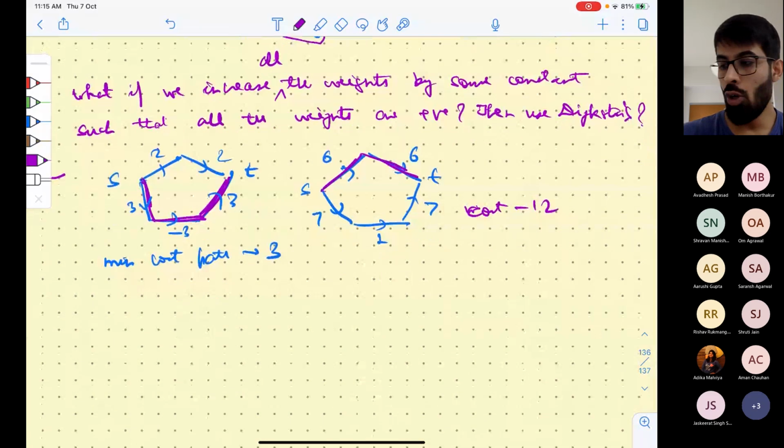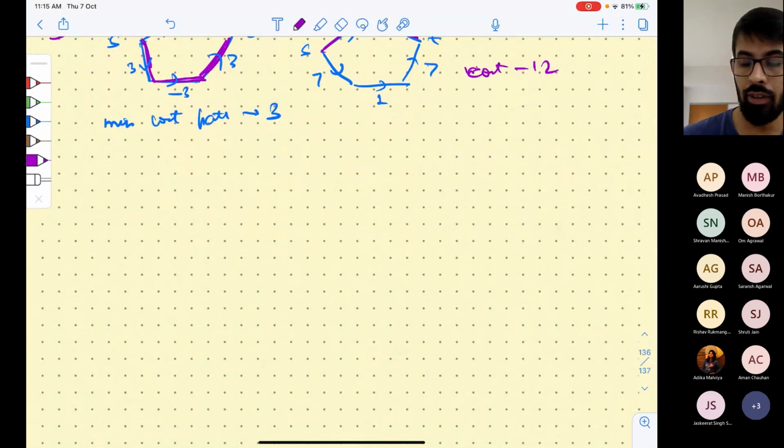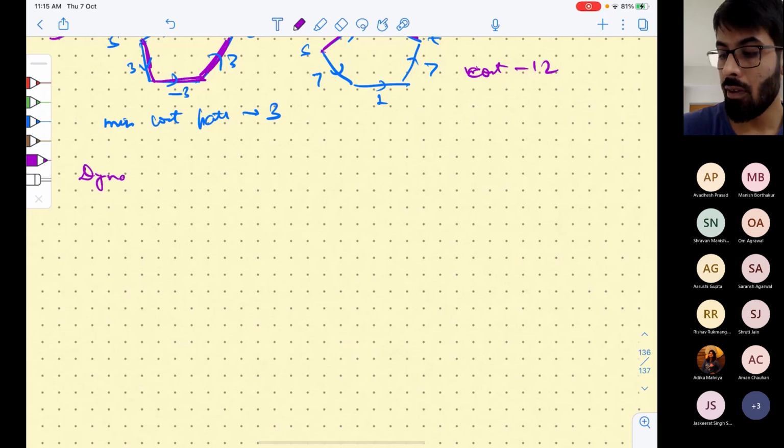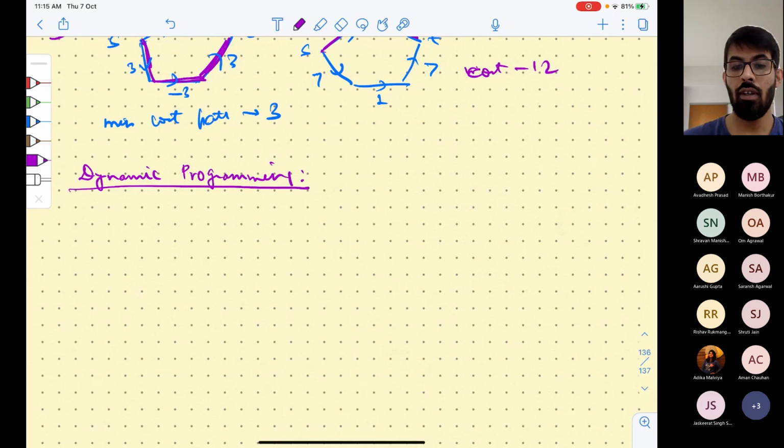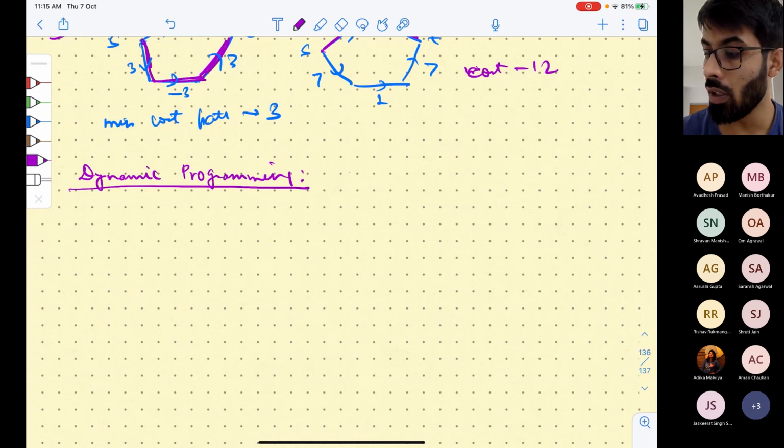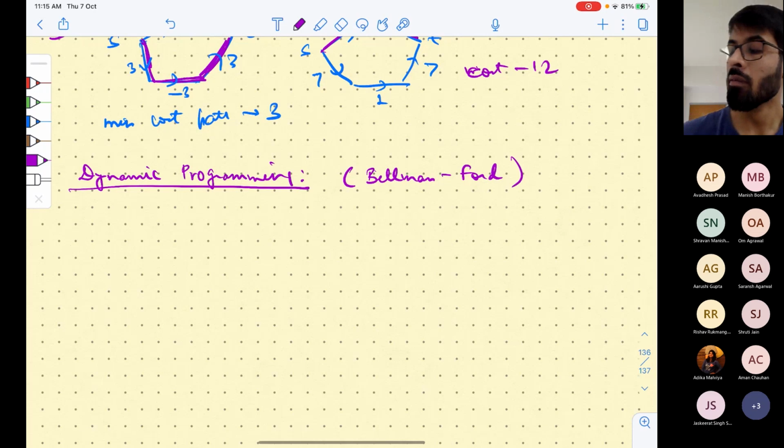So what do we do now? So again, let's go to dynamic programming that we have been doing for quite some time now. The one that we are going to see is called the Bellman-Ford algorithm, and this was created in like the early 70s, I think, or if not earlier.